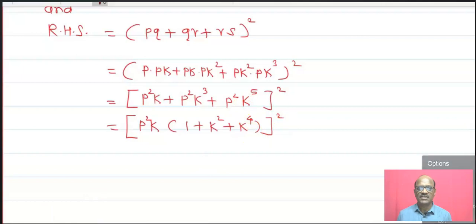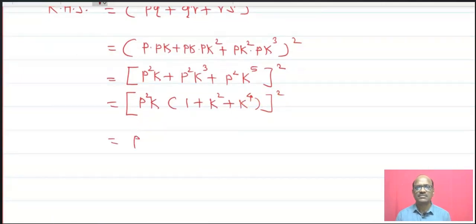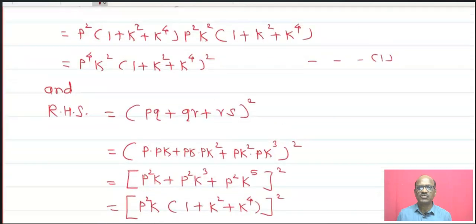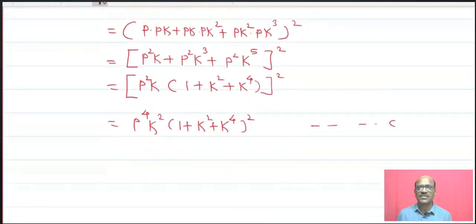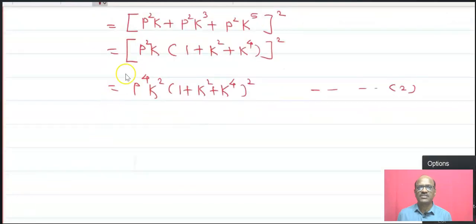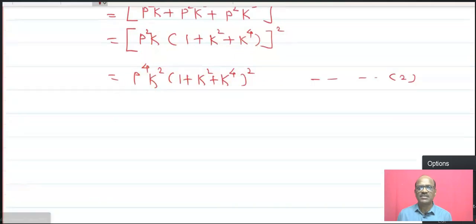Next, p raised to 4 k square into (1 plus k square plus k raised to 4) bracket square. This is number 2. Now see this here. Square of this p square, that is p raised to 4 k square, (1 plus k square plus k raised to 4) bracket square.